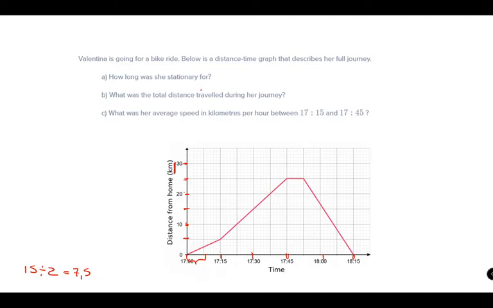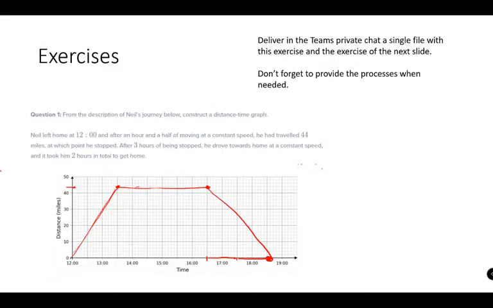Now, let's see. How long was she stationary? Because we are talking about Valentina and going for a bike ride. So how long was she stationary? Remember, stationary means that she is not moving, okay? Stationary means not moving. So it is something similar to this part.